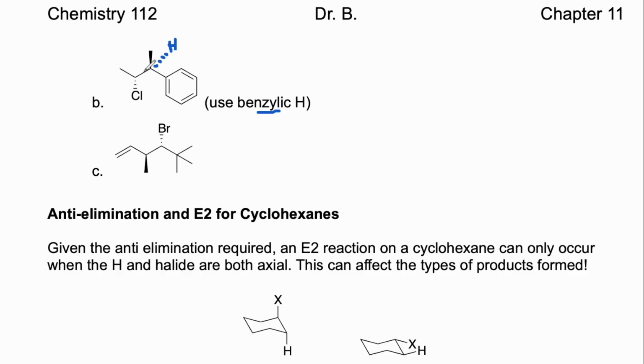That is not going to work very well, but we do have a single bond that can rotate, so let's go ahead and do that. I've rotated around this single bond over here. I'm going to rotate that until that methyl group is pointing down. And so that brings the hydrogen into the back, the chloride into the front. And so now we have the right configuration for the anti-elimination to take place.